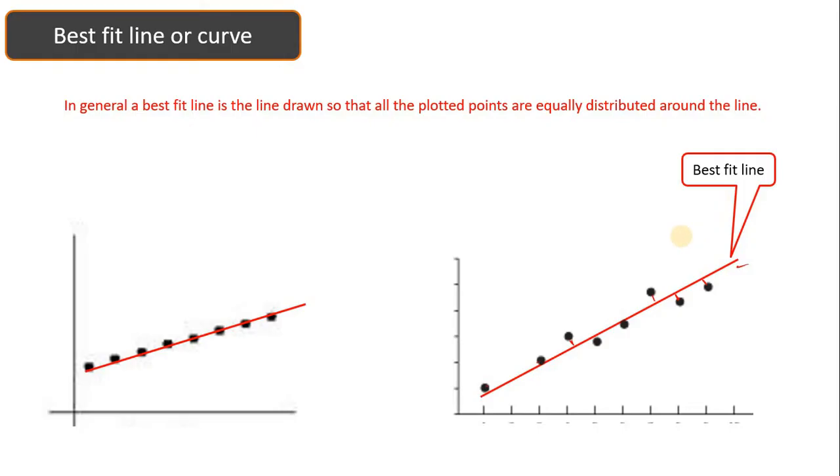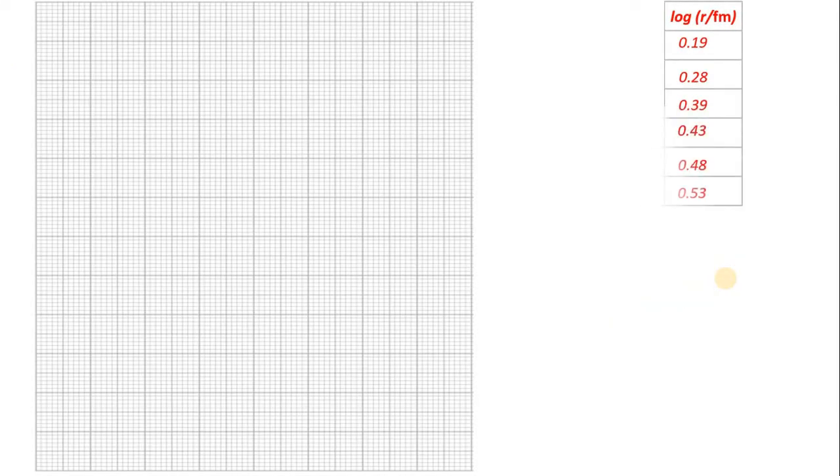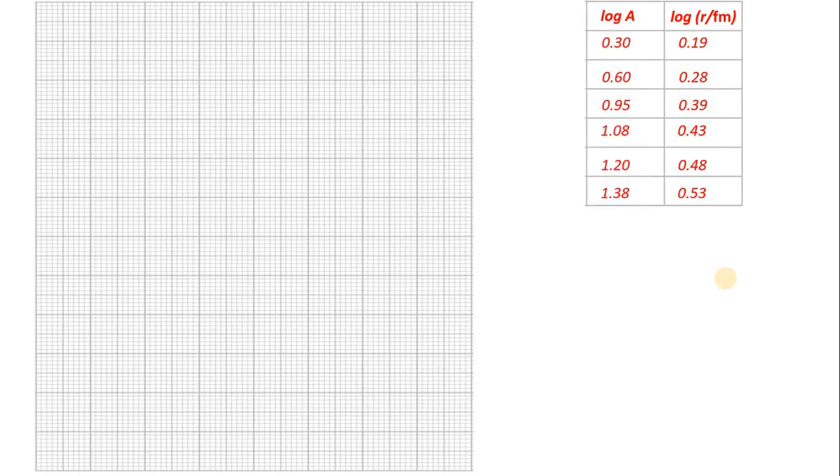After the best fit line, we need to find the gradient, and we choose 2 points on the best fit line to find the gradient using y2 minus y1 divided by x2 minus x1. So let's move on. These are the values that, of course, we need to plot. Here we have the axes, and I chose these values 0.3 to 1.38.